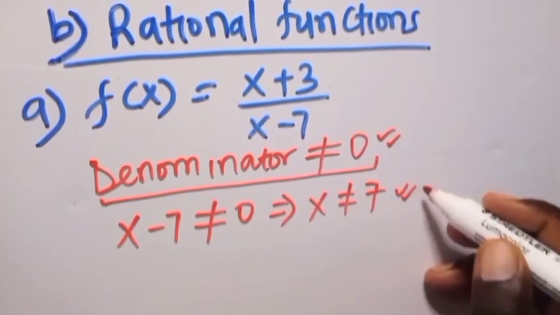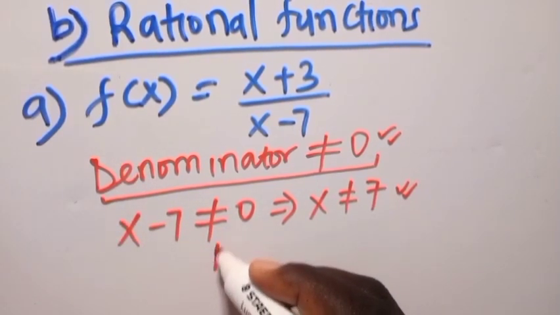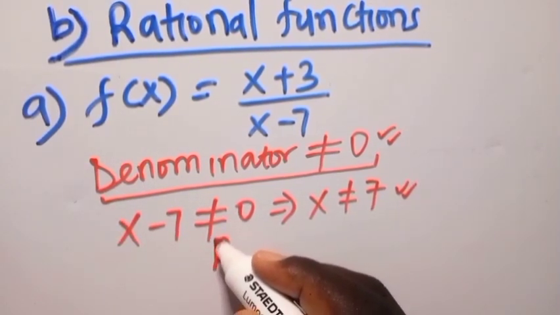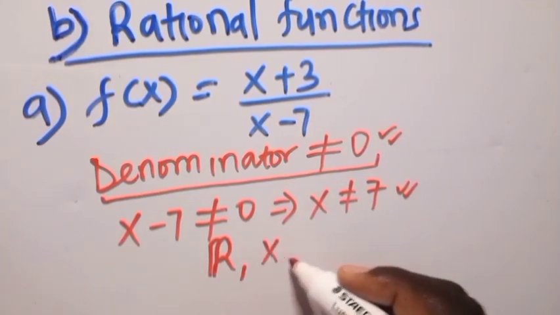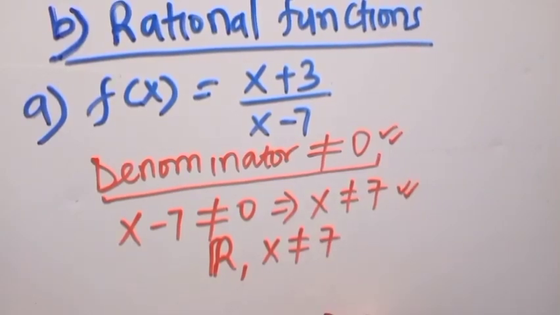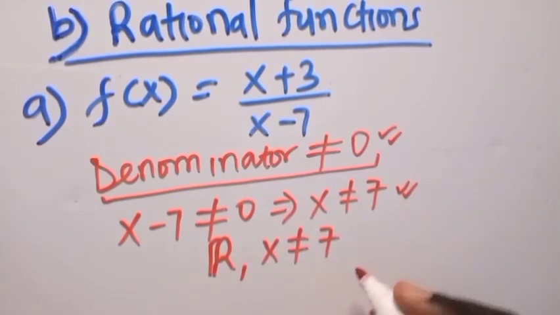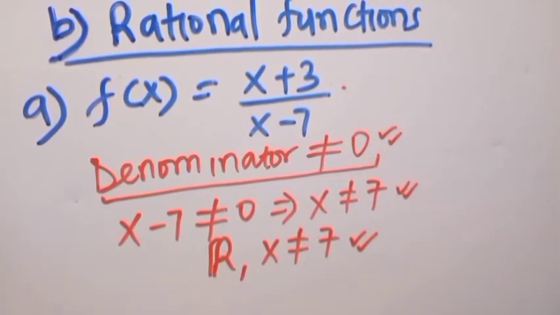Therefore, the domain of this function is the set of real numbers except x equals 7. It is the set of all possible values of x except when x is 7. This is the domain of this function.